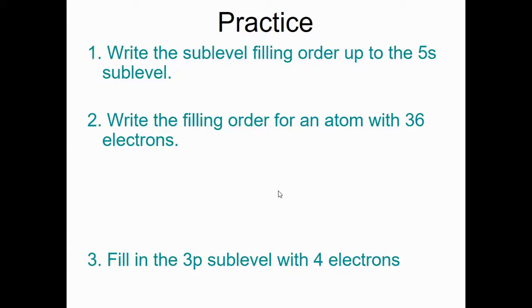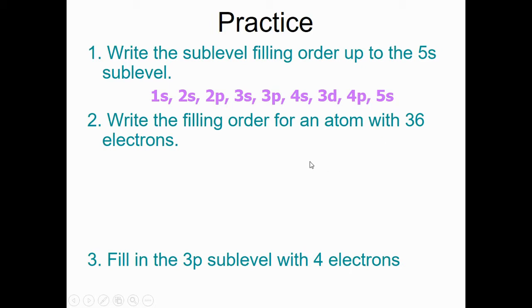So this is what it looks like once we've written it out. That's what we did through the periodic table. We went through the 1s, 2s, 2p, 3s, 3p, 4s, 3d, 4p, and 5s.